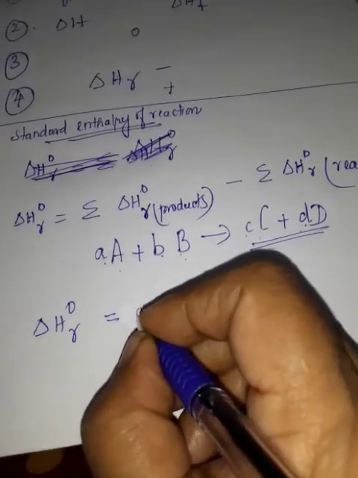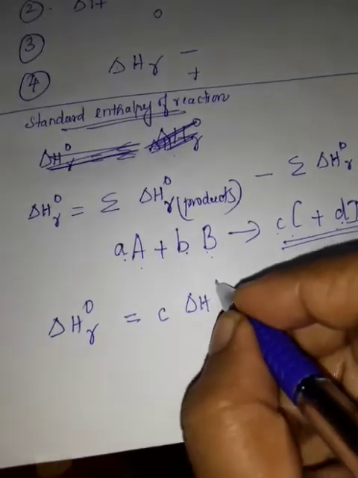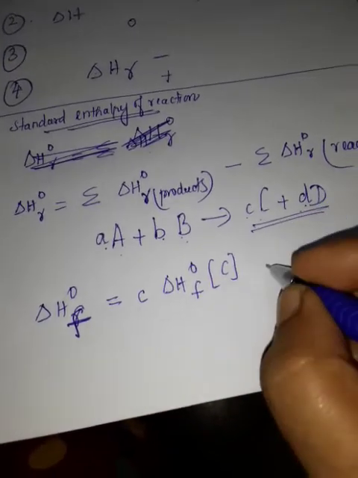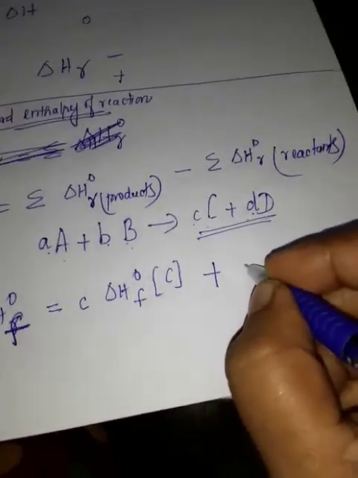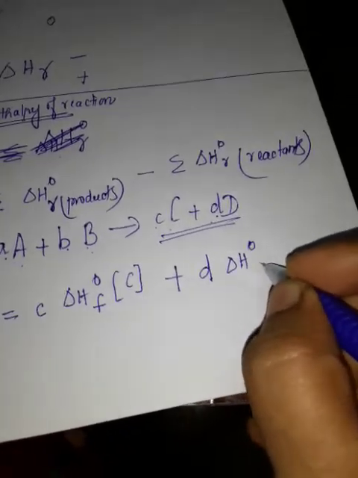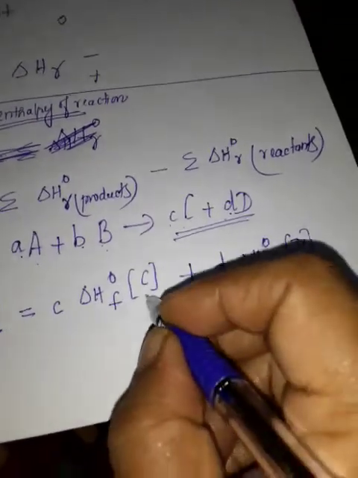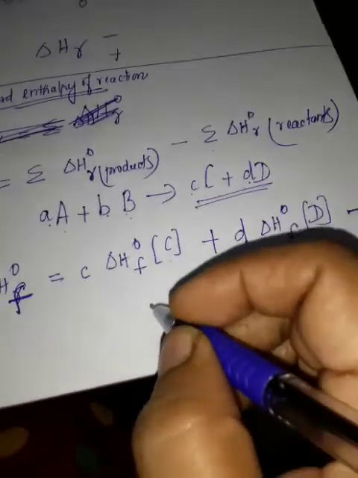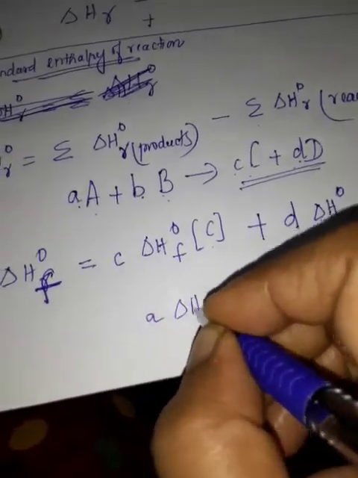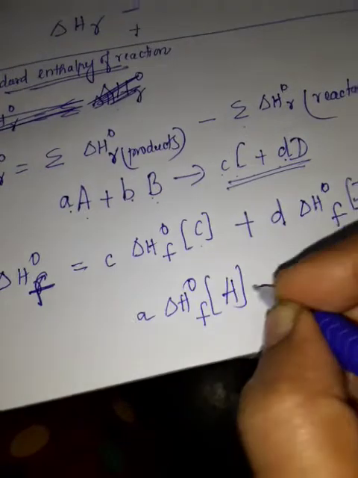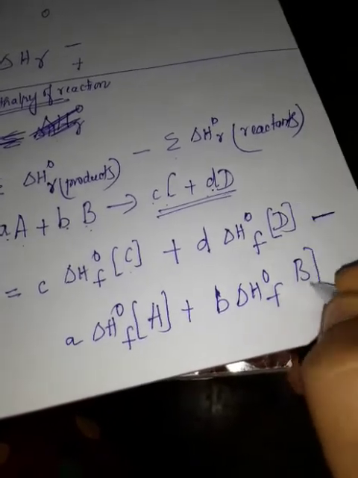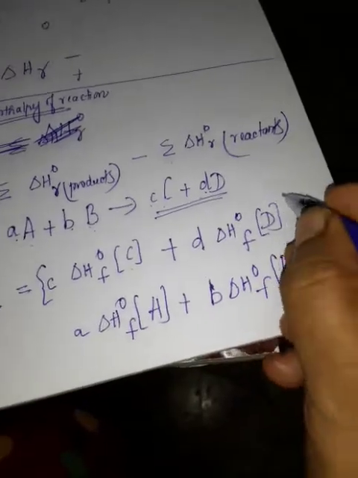So small c moles into delta H naught formation of C, plus small d moles into delta H naught f of D. C and D are the products. Minus the summation of the reactants: small a delta H naught f of A plus small b delta H naught f of B. This is the formula used.